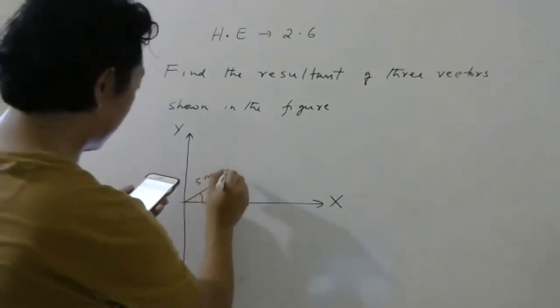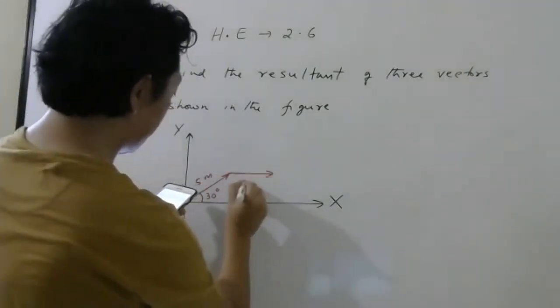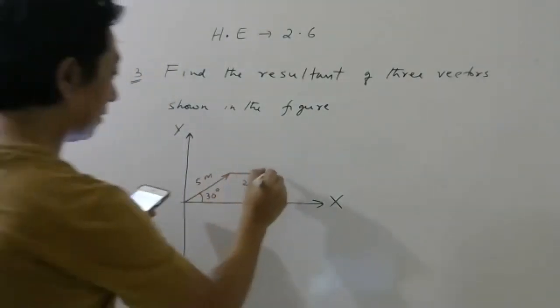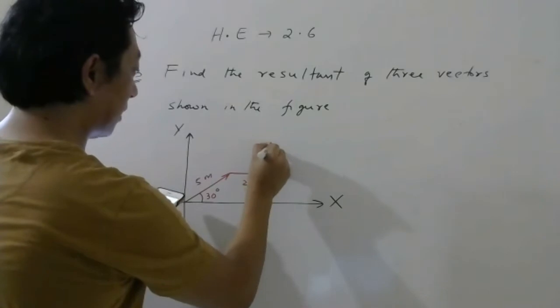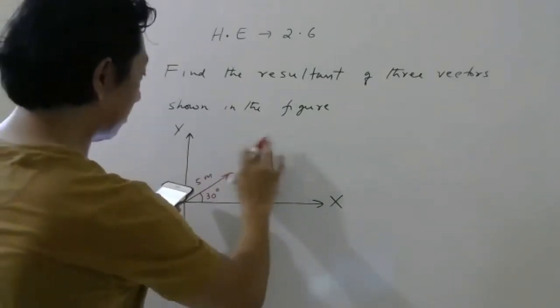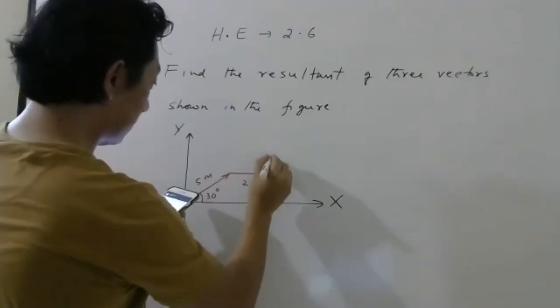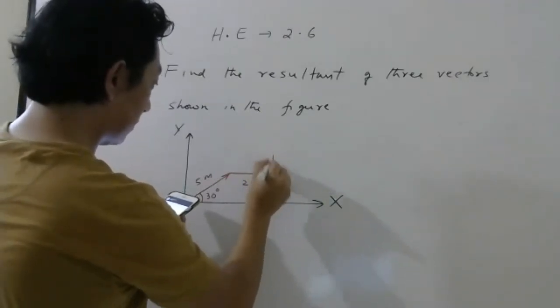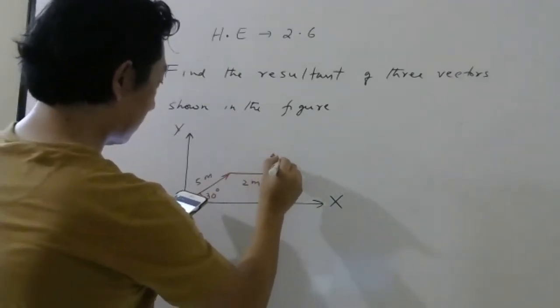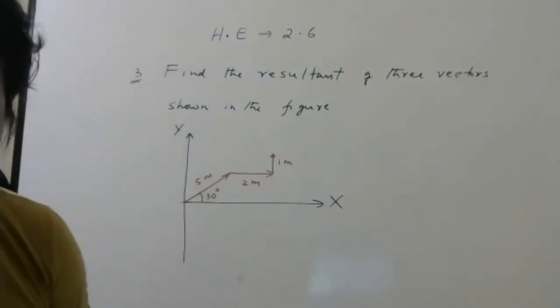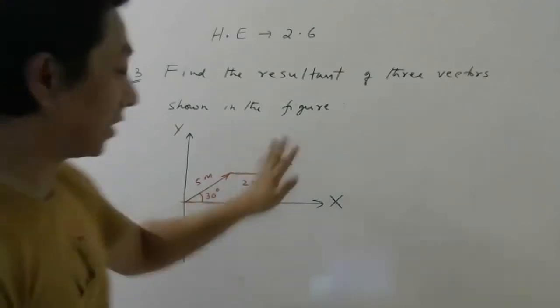Then there is a vector which is 2 meter, which is parallel to the x-axis. And there is a vector here which is parallel to the y-axis. This is 1 meter only, so 1 meter should be short. Okay. So these are the 3 vectors.